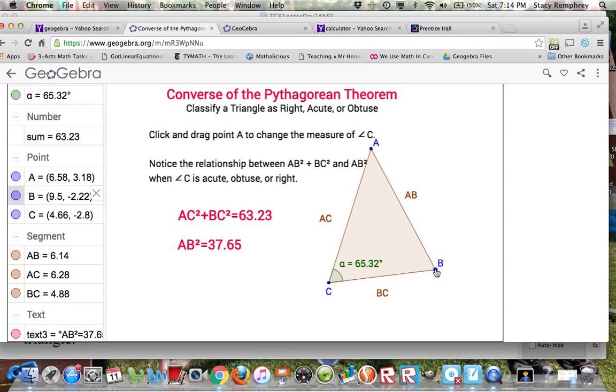Now I'm going to come out and I'm going to make it acute. Okay, so now I have an acute angle. Now compare the two. Now the square of this side is less than the sum of the squares.